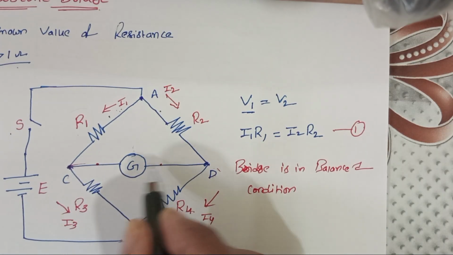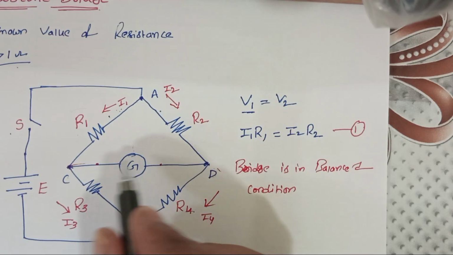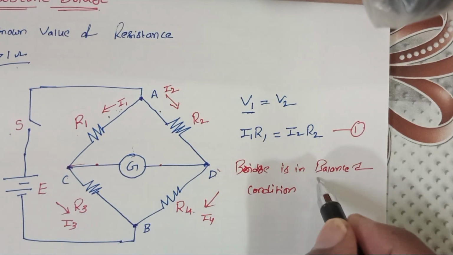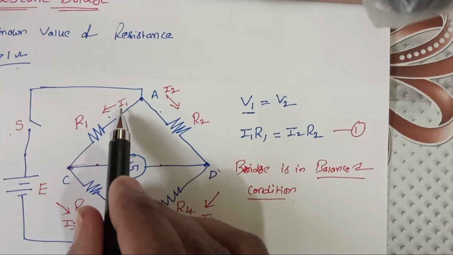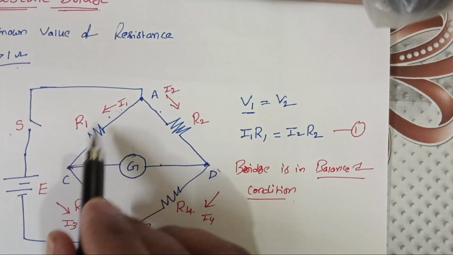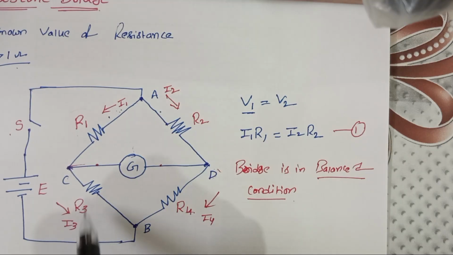That means from this point to this point there is no current flow. In this balanced state, I1 enters directly and continues as I3. So I1 is equal to I3.